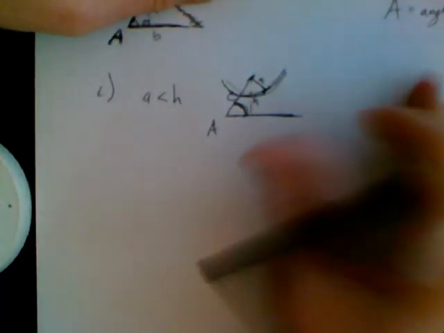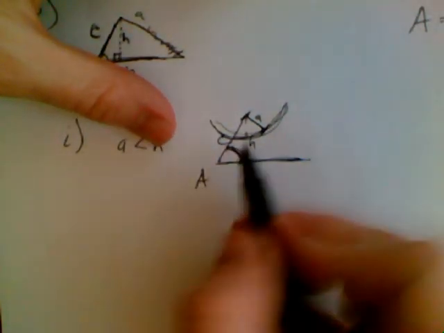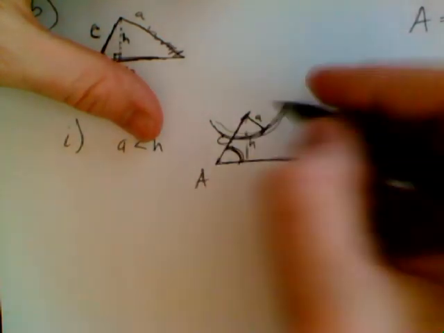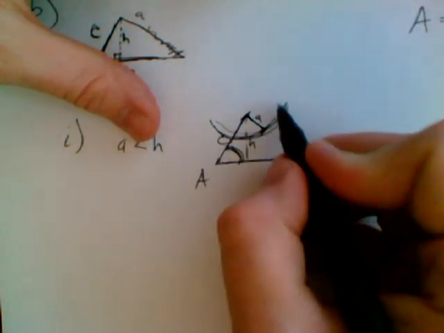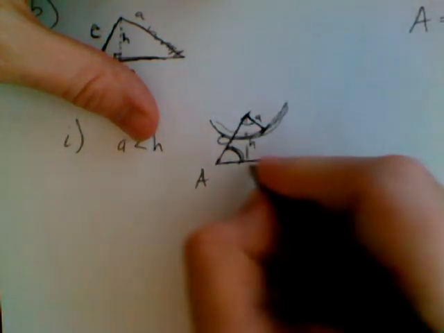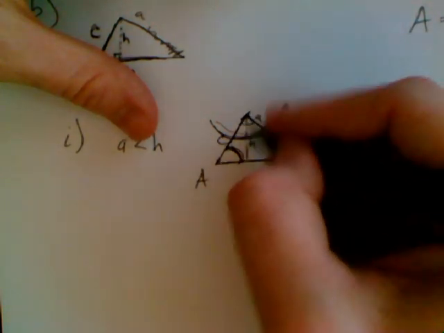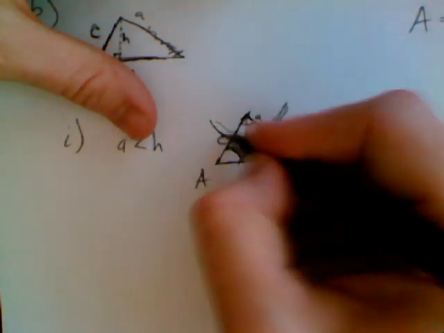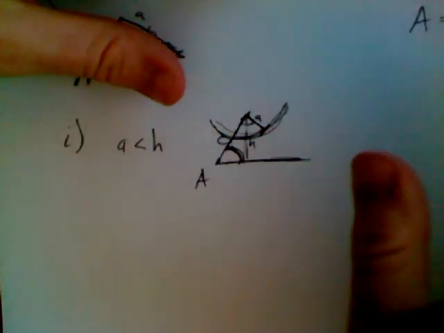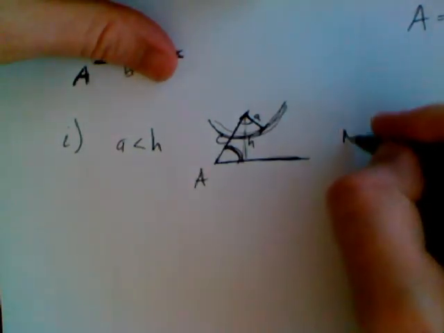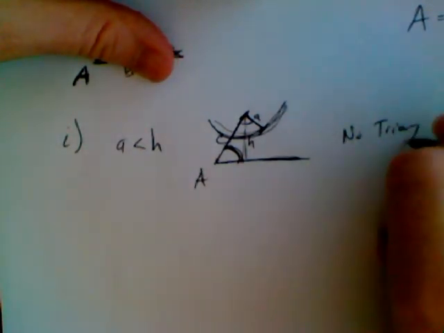Looking up here, I have side-side-angle. This angle is not changing, this side is not changing, and this side is not changing. The only things that can change are the angle up here and this length over here. But if I have a certain height here, and this thing keeps swinging back and forth, there's no way it's going to touch anywhere. There is no triangle.